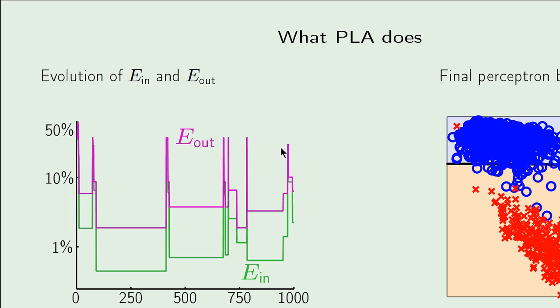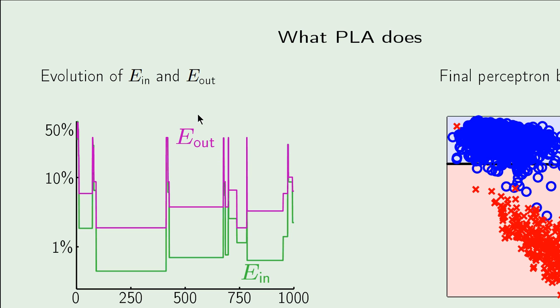Okay, and now what you will see is what the perceptron learning algorithm does: it fluctuates. It will move the separating line across all these points, and it will iterate over all the points. So you can imagine that it just depends where it ends, and that will be the E in.